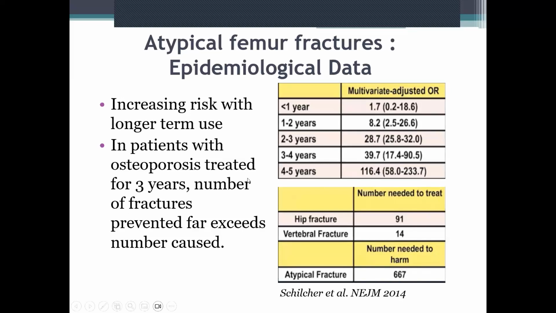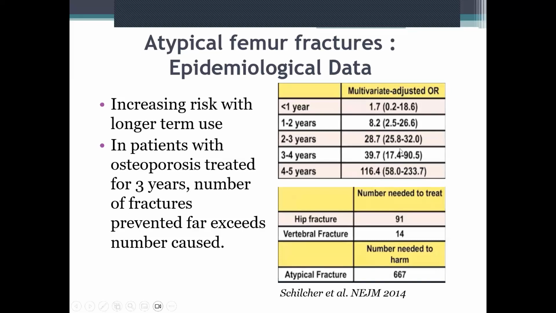So again, if they have been on therapy for a prolonged duration of more than 5 years, then you might want to be cautious if they might be at risk for atypical fractures. Again, you look for the minor and major criteria.